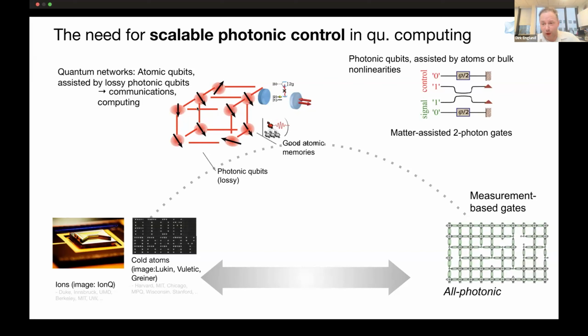There are two primary ways of doing this. A, especially over long distances, you don't want to have to carry the stationary quantum memory over long distance. So you can couple the quantum memory to an optical field, like an optical pulse, which then can race over to the other memory and couple to that memory.